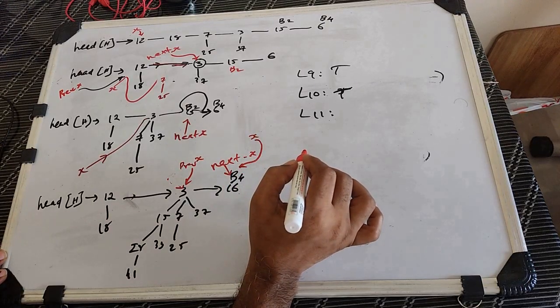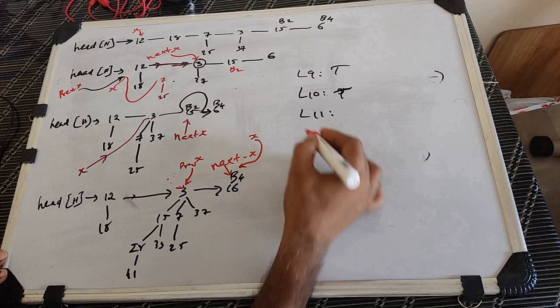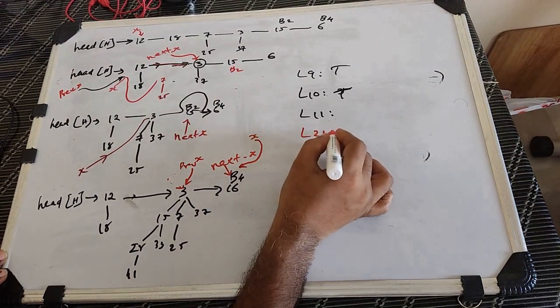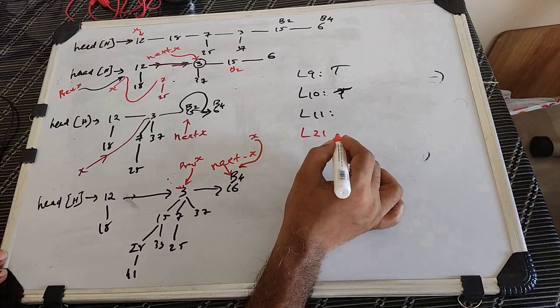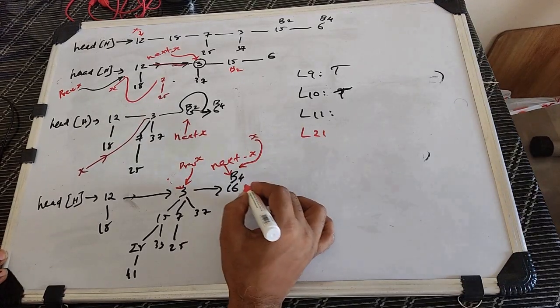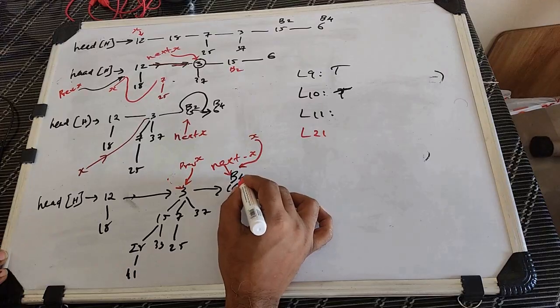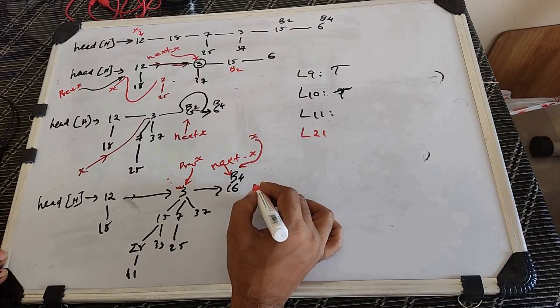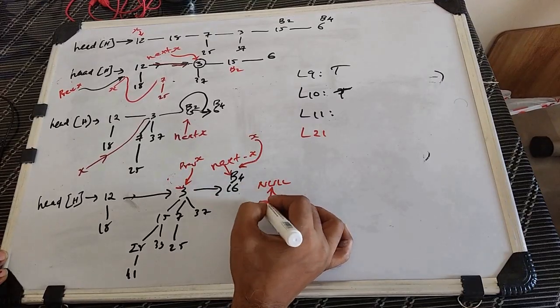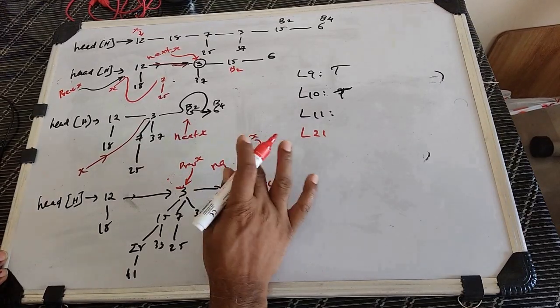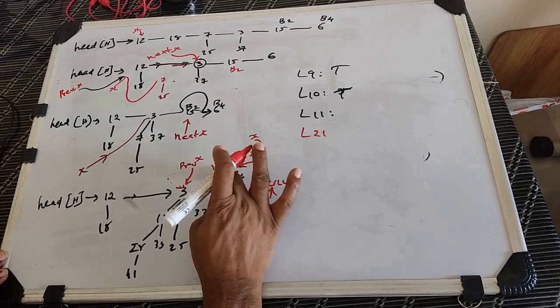Okay, then line number 21. Then line 21, next x equal to sibling of x. Okay, next x equal to sibling of x. It is null. This is the new value of next x.